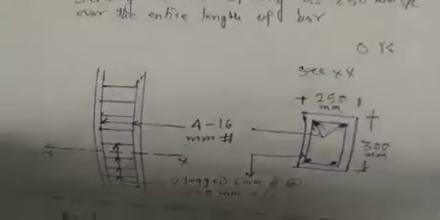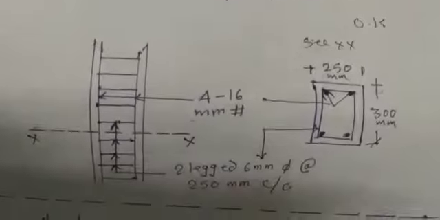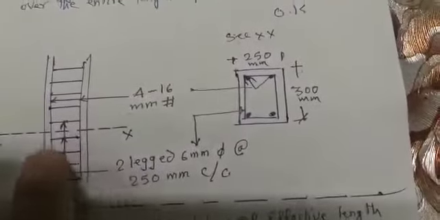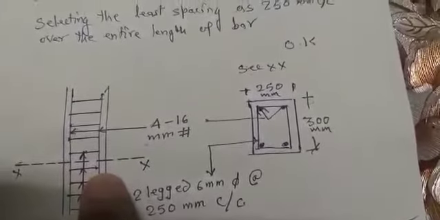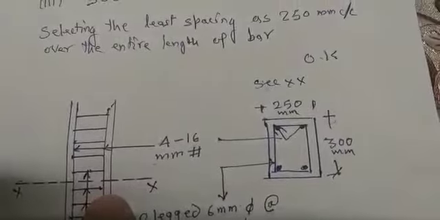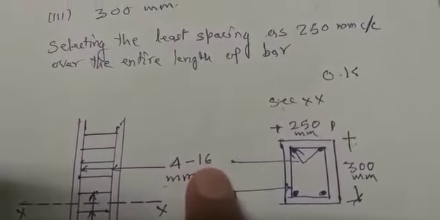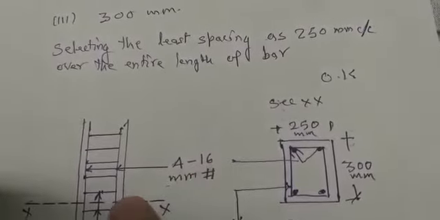Now this is the column section and the column longitudinal section. Here we can see that these 2 bars are shown, showing the 16 mm bars, and these are the ties for the 4 bars of 16 mm.